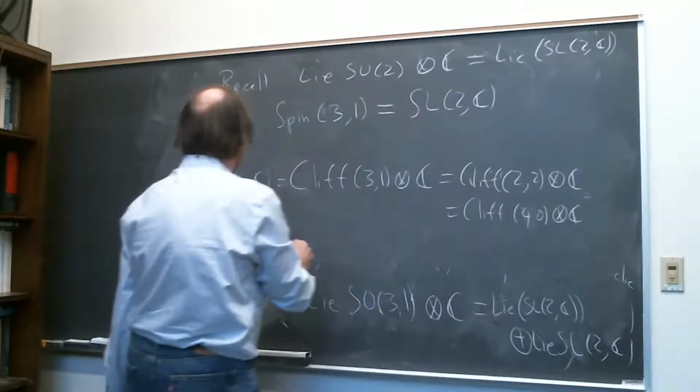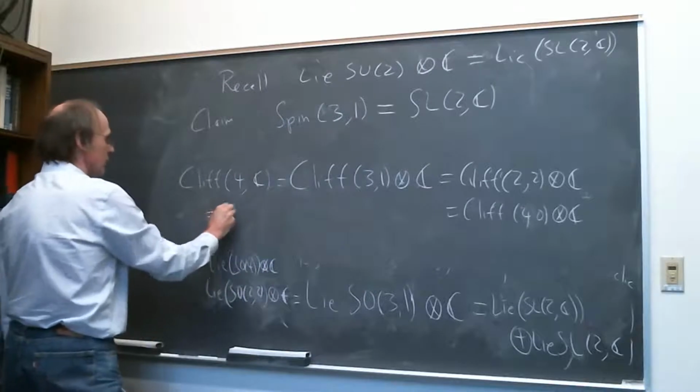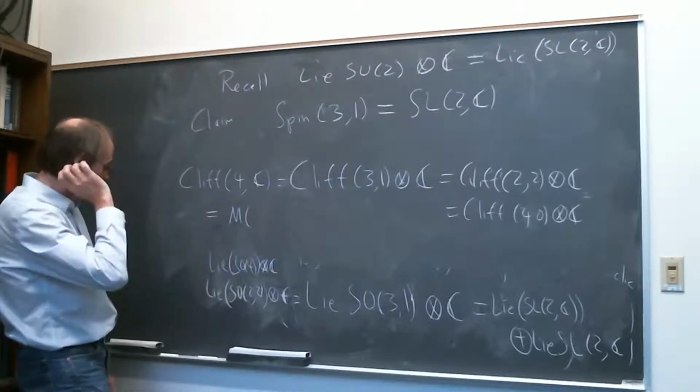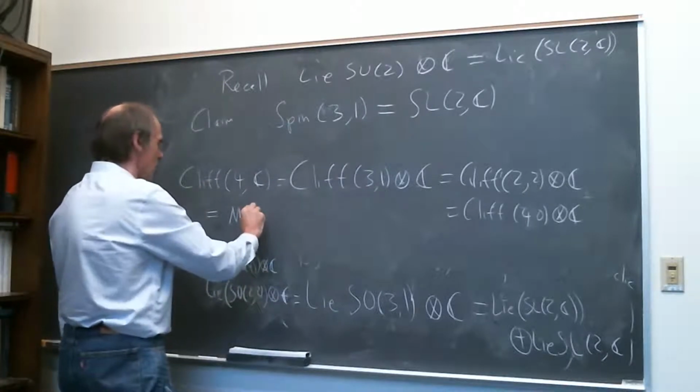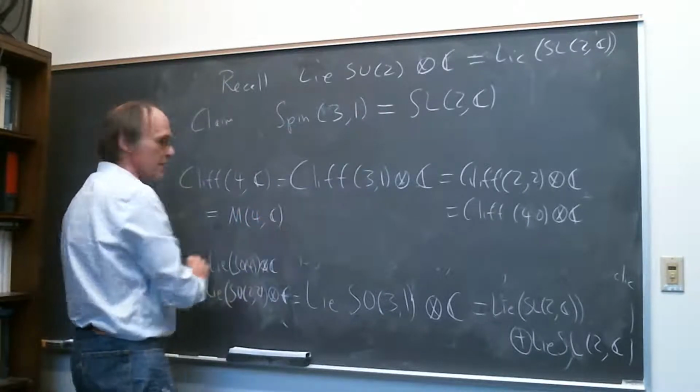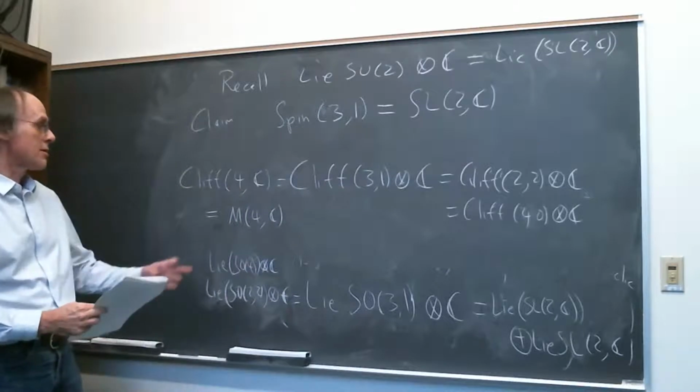All of these were the same, and this was just 2 by 2 quaternionic... I mean, 4-dimensional complex matrices. Okay.